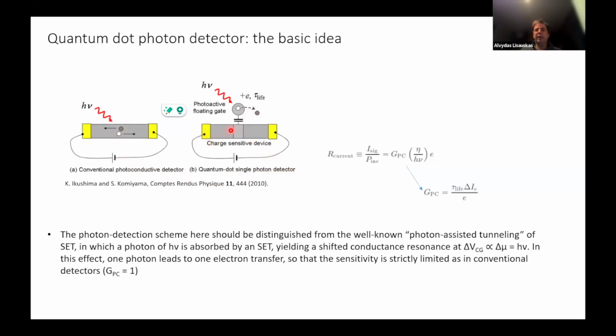Let us have a charge sensitive device, a channel like a field effect transistor, where we have current flowing through a channel. Then we create a photon not directly in the material here, but in a gate material here.